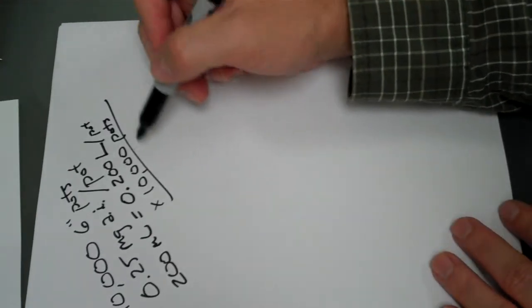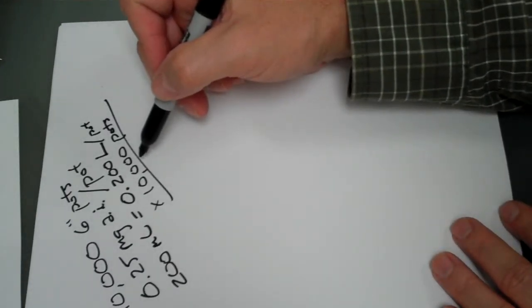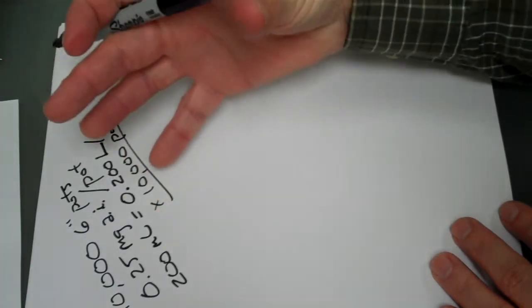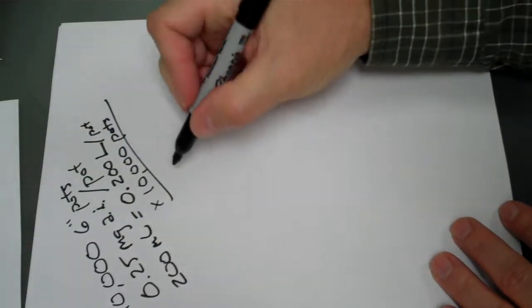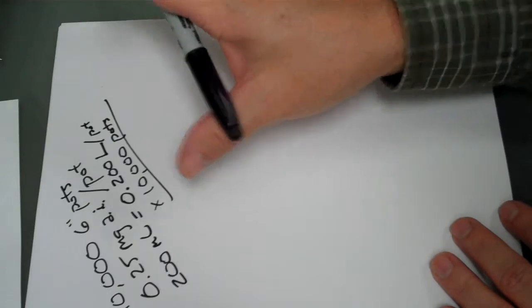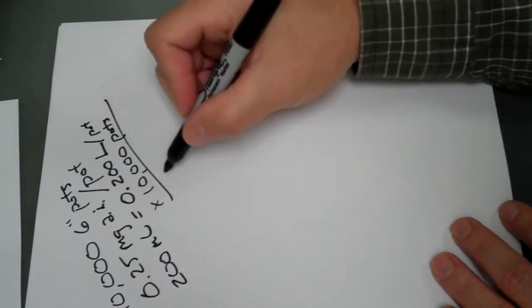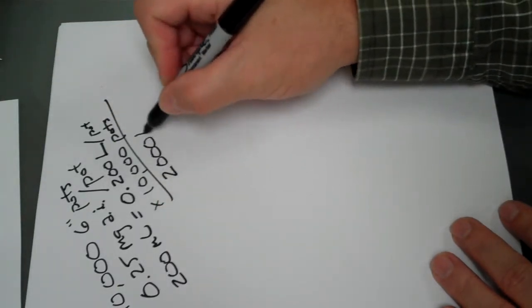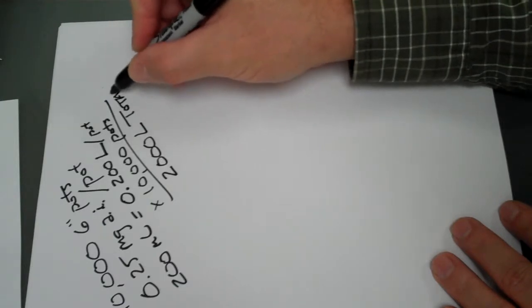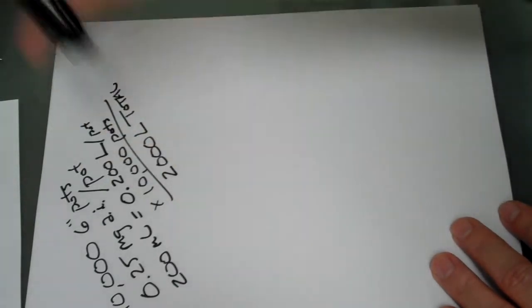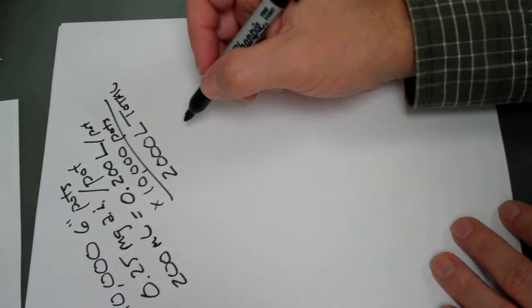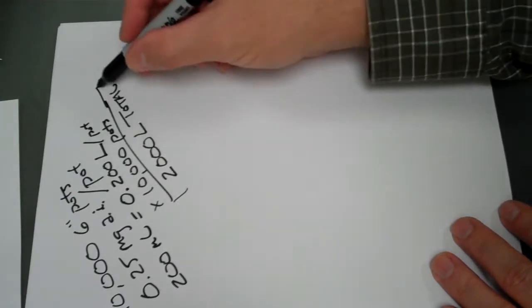That means the total volume of solution we're going to need to cover that crop. We're not even talking about the growth regulator, it's just how much liquid we're going to need. We will need 2,000 liters total in order to put 200 mils on 10,000 pots. So that's our total volume here.